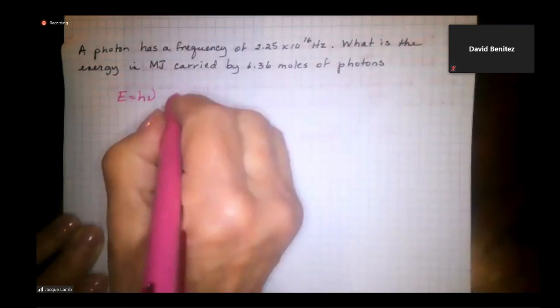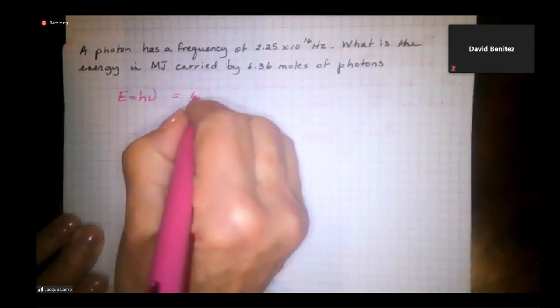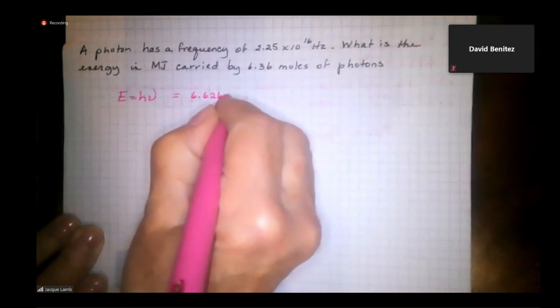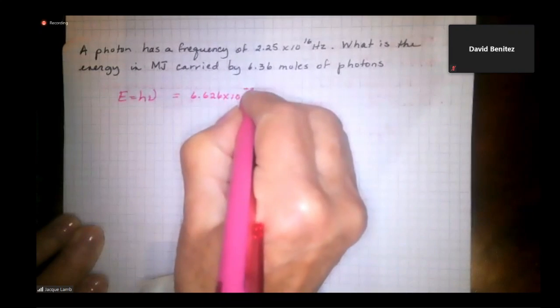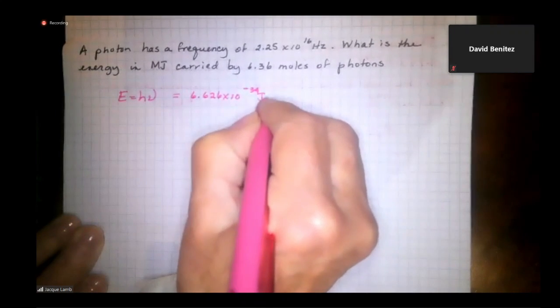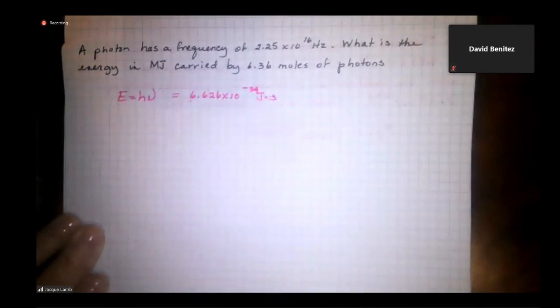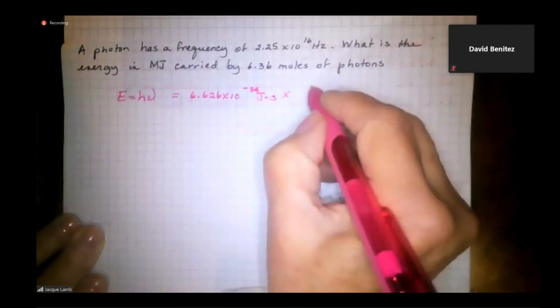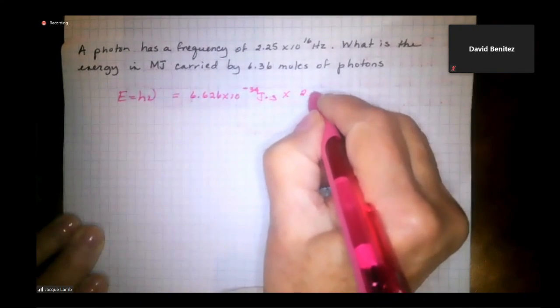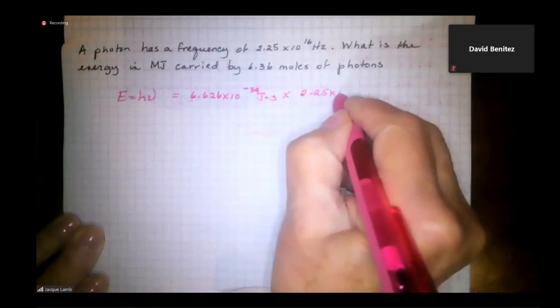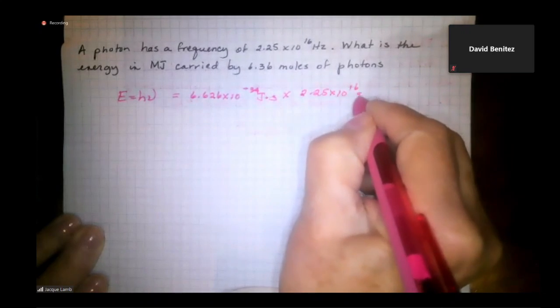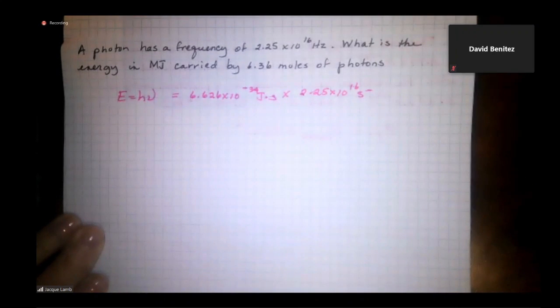So energy is equal to 6.626 times 10 to the minus 34th joule seconds, that's h, times, in this case, 2.25 times 10 to the 16th per second. A hertz is a per second.